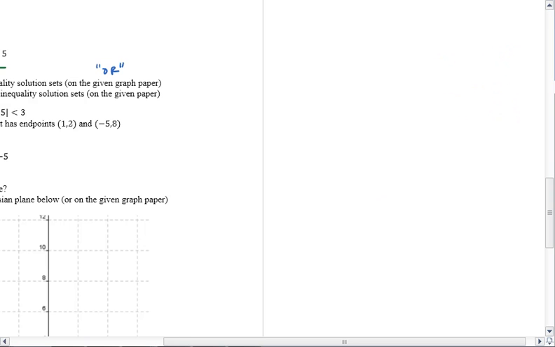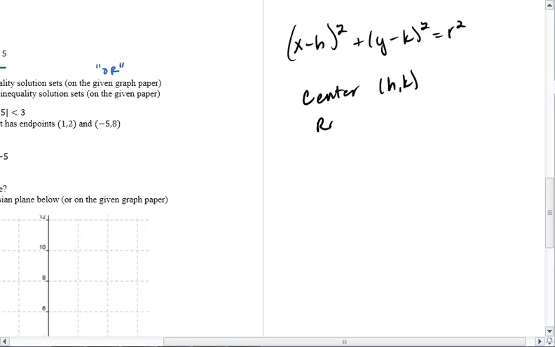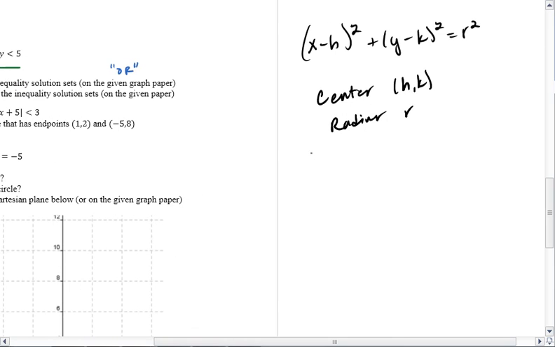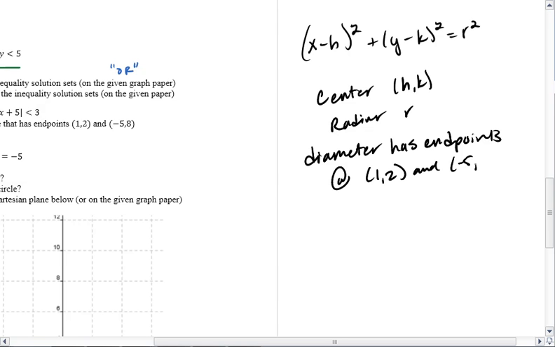And that is x minus h squared plus y minus k squared equals r squared, where the center is h comma k and the radius is r. We are given that the circle's diameter has endpoints at 1, 2 and negative 5, 8.